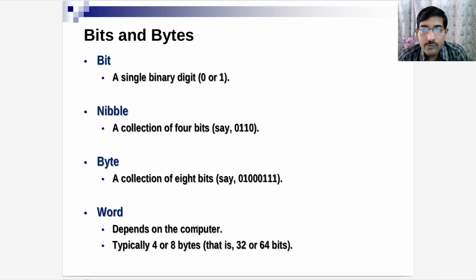If you probe the memory at an address location, you can access 64 bits at a time. So that is the size of the address bus, or the size of the data bus that you could push your data through. Typically we call it one word access. So one word is 32 bits or 64 bits. In modern day computers, mostly we see 64-bit machines.